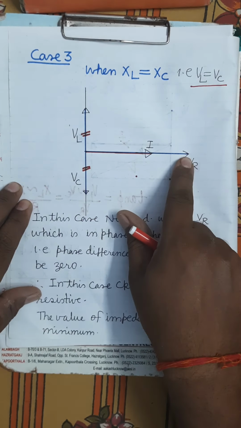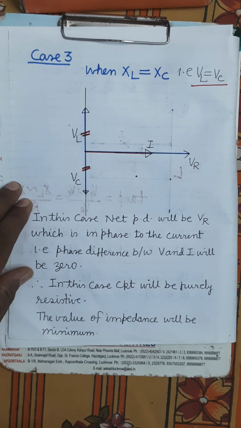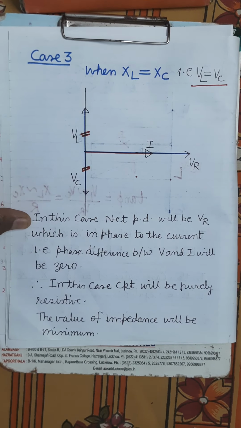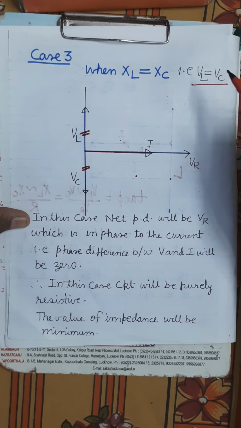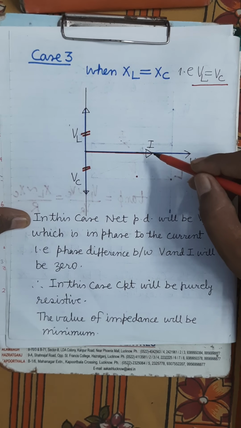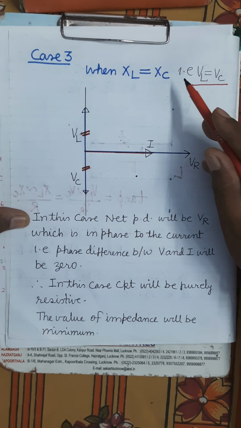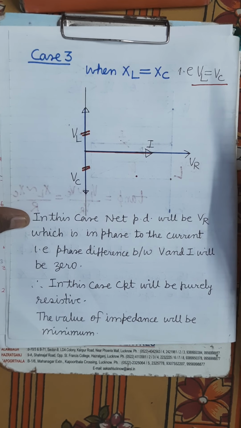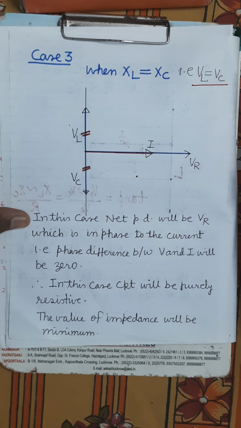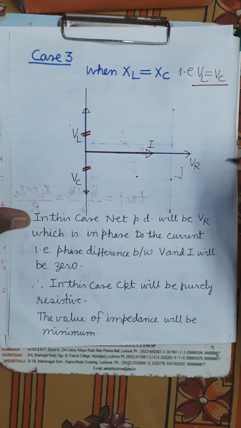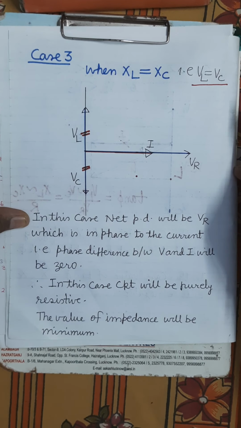Therefore this circuit will behave as a pure resistive circuit. Net potential difference in this case will be VR, which will always be in phase with the current I. It's clear. Circuit will behave as a pure resistive circuit.